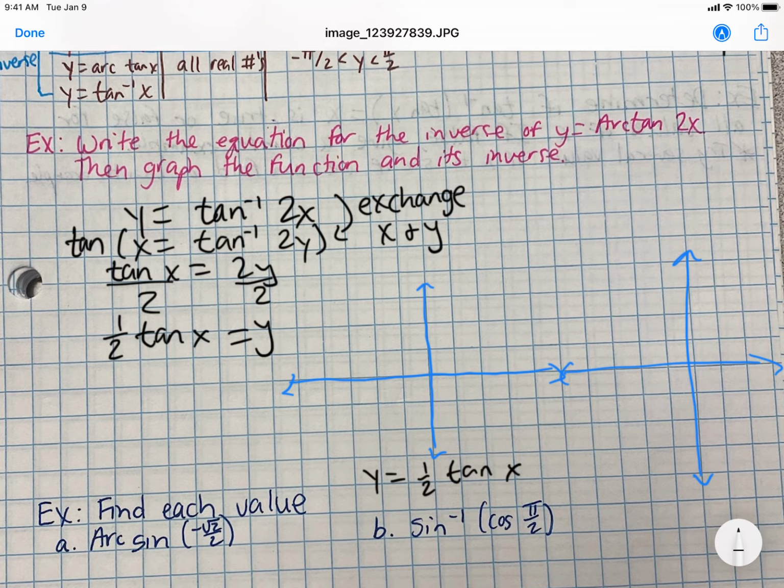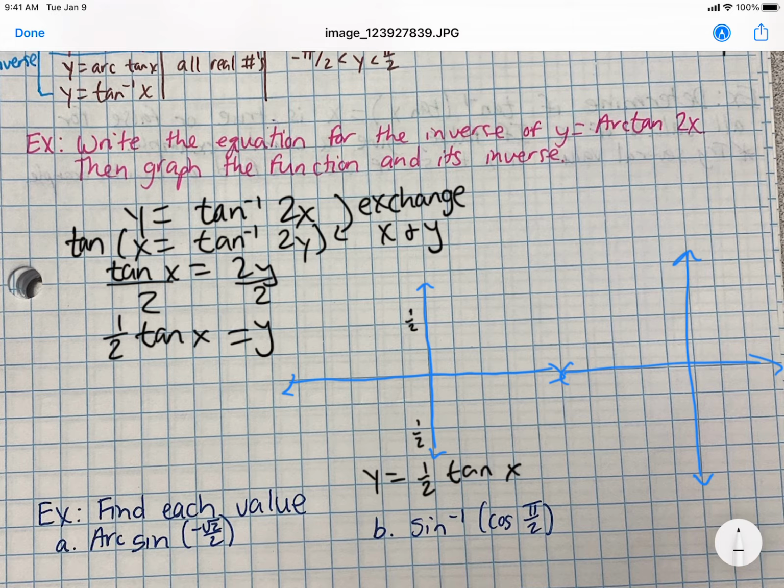With our tangents, remember that the domain is going to go from negative pi over 2 to pi over 2, but in this instance we are only going up to 1/2.